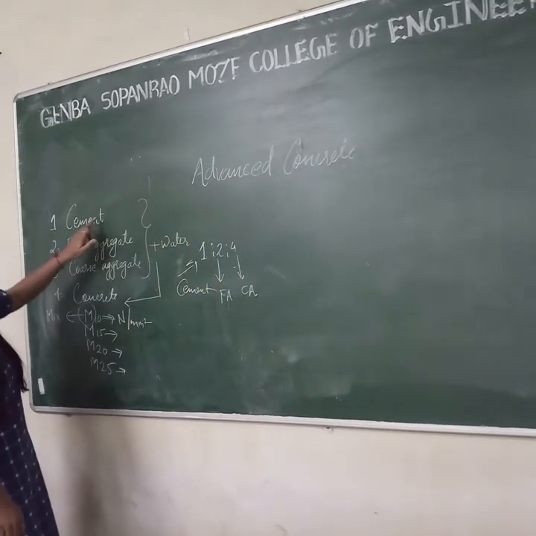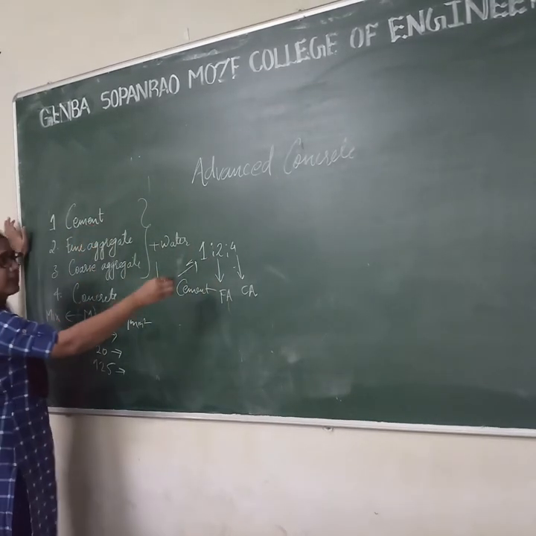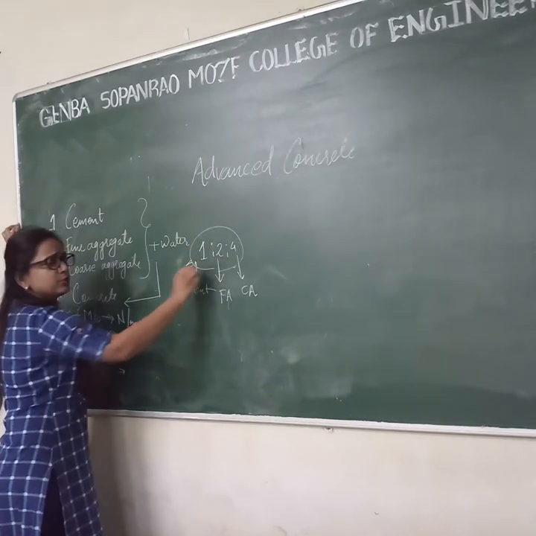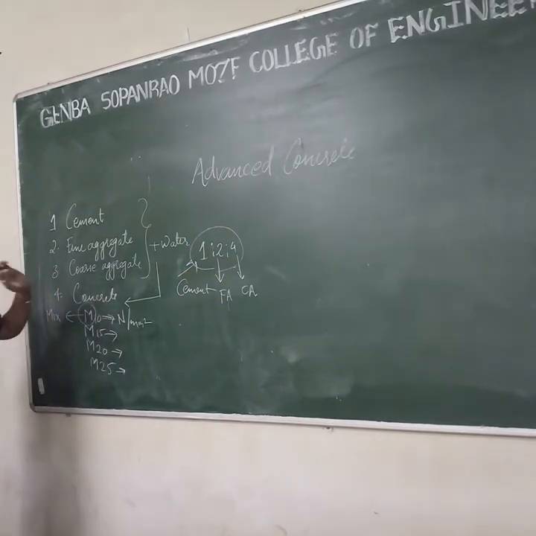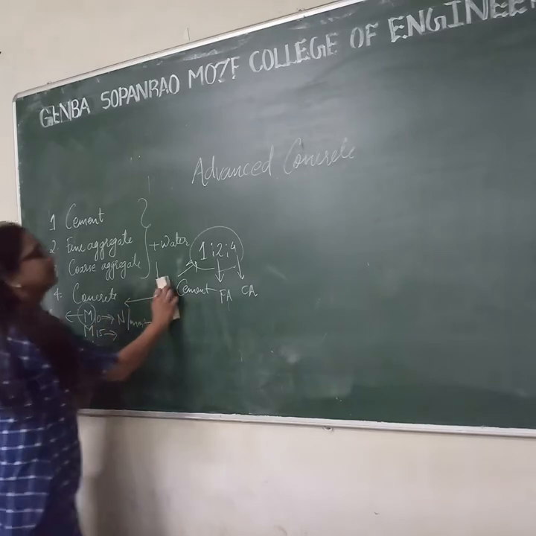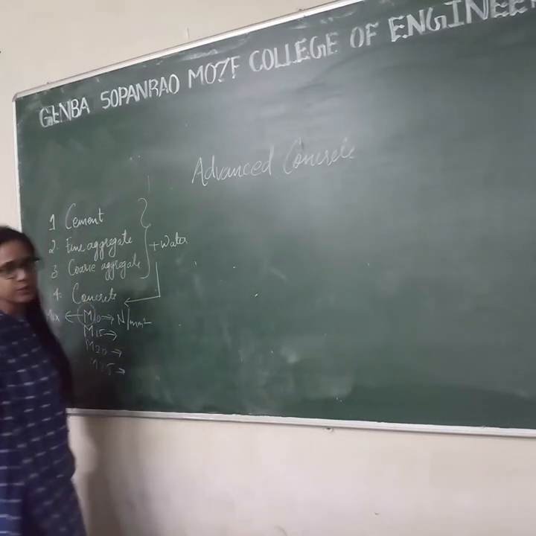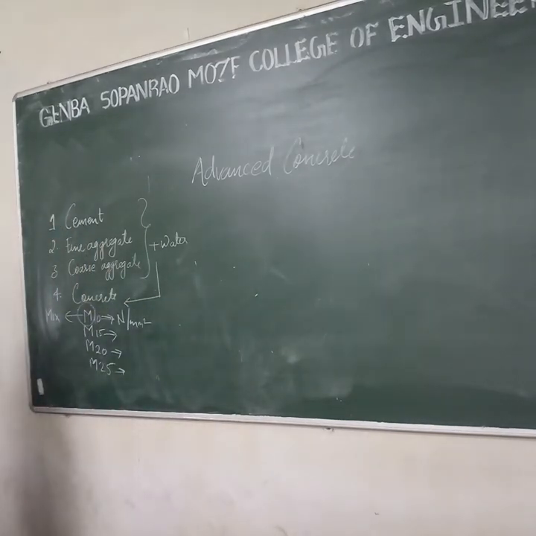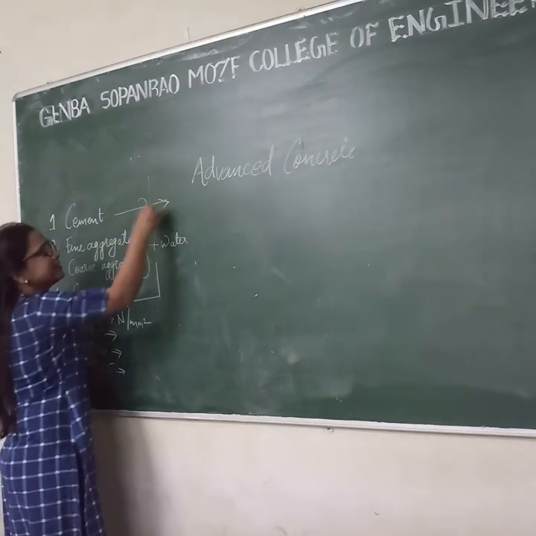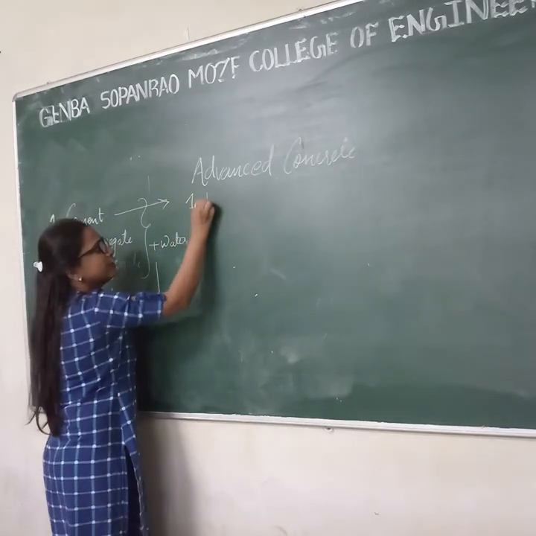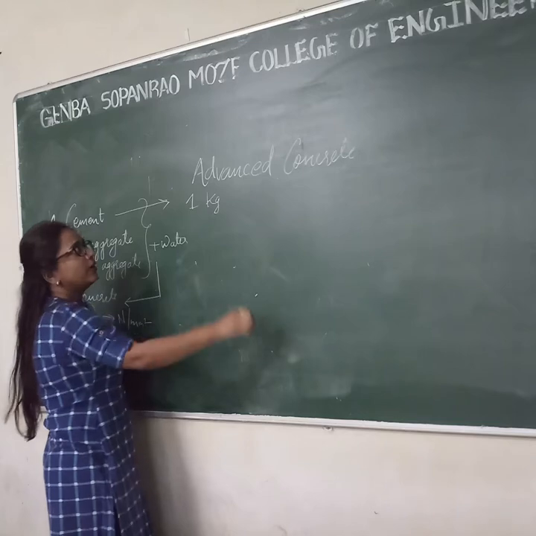1:2:4. Suppose you are preparing 1:2:4 concrete. That means suppose you have taken 1 kg of cement.